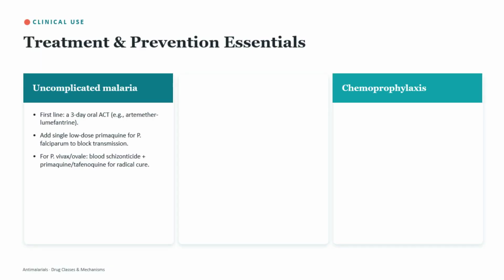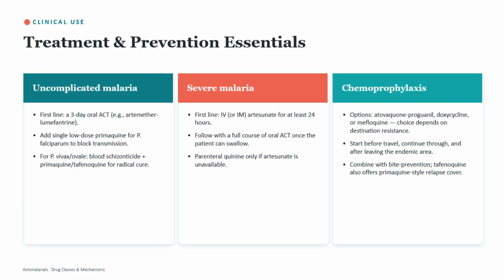Now let me translate all that mechanism into practice. For uncomplicated malaria, I'd reach for a 3-day oral ACT. Add single low-dose primaquine for falciparum to block transmission, and give a radical cure for vivax or ovale.